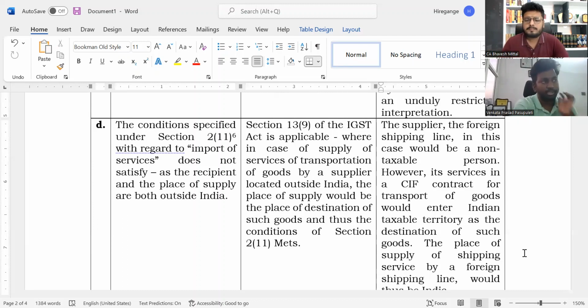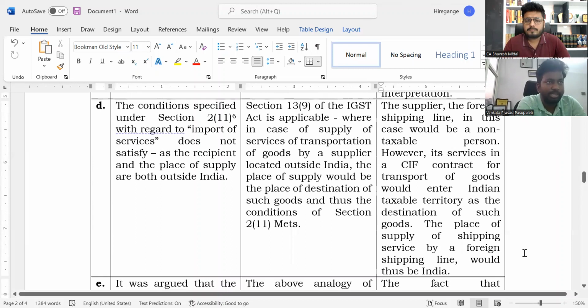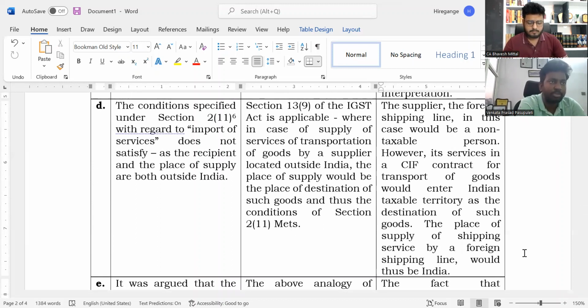Yes. So the department's argument is that, if you look at the import of service definition, there are mainly three requirements. One is that the supplier should be from outside India and the recipient should be in India. And third is that the place of supply should be in India.